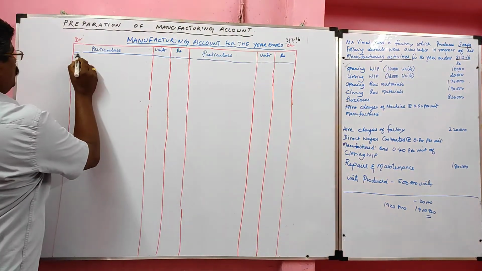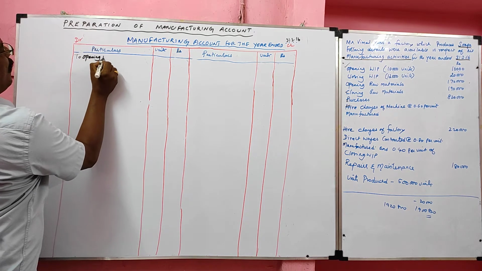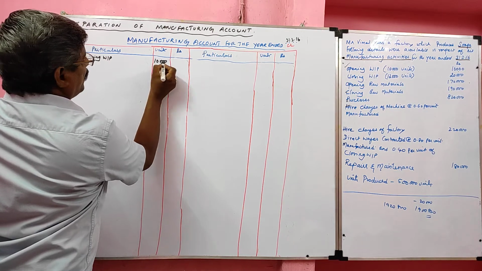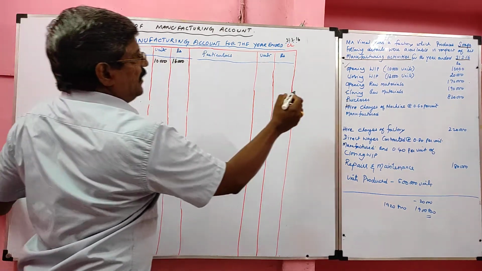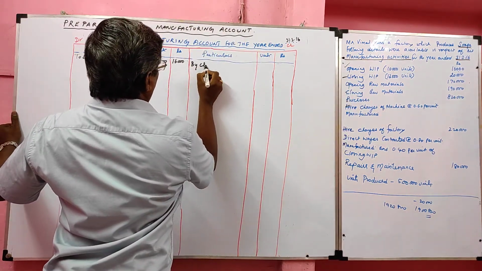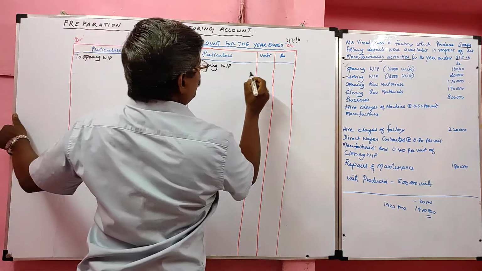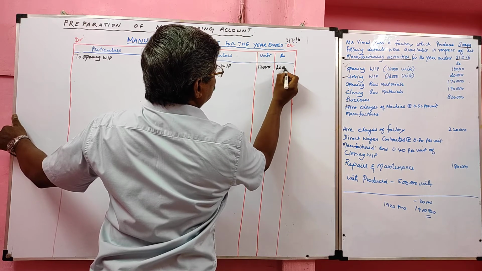It will be debited: opening work in progress, units 10,000, the cost of opening work in progress 16,000. Then closing work in progress should be credited: closing work in progress, units 12,000, the value 20,000.